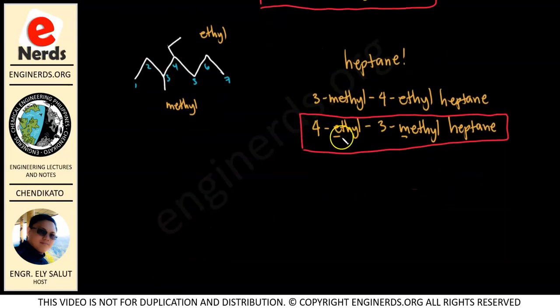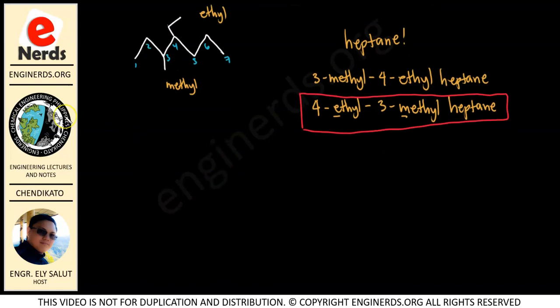So, yung ethyl mauuna bago yung methyl regardless dito sa arrangement. So, this is more priority, no? Ang priority natin is alphabetical order ng ating substituents before itong arrangement na to. Okay, so that's our second rule. Should be arranged in alphabetical order.